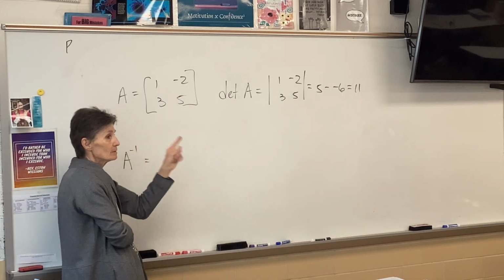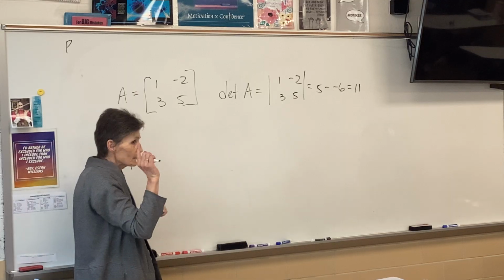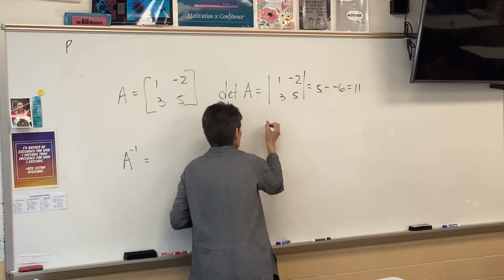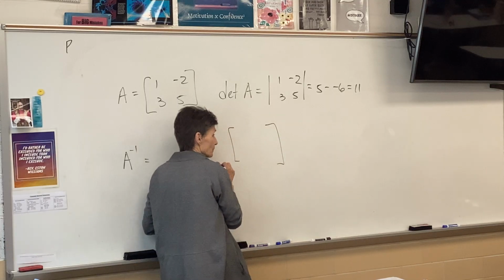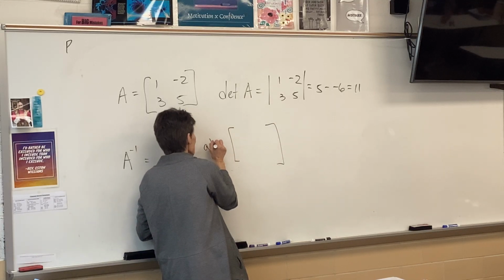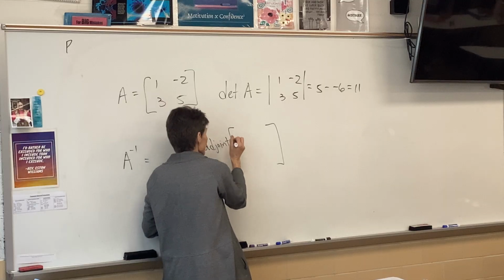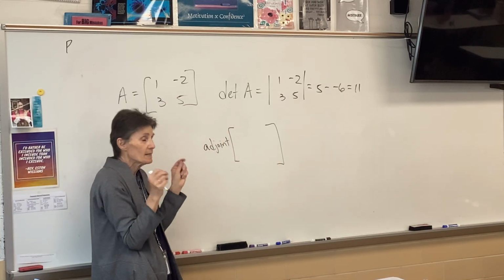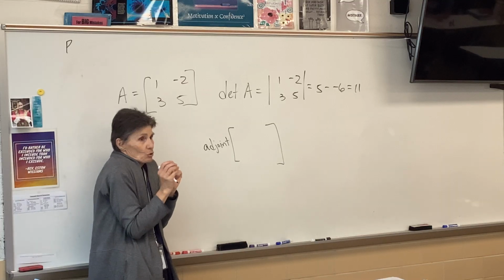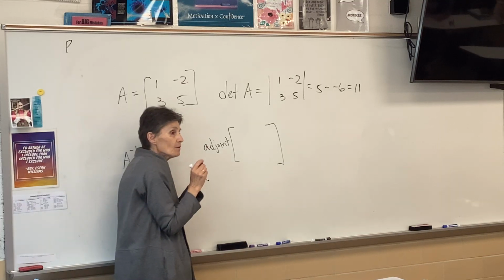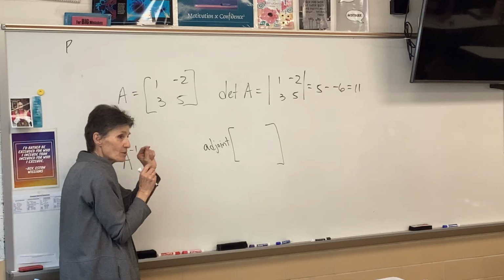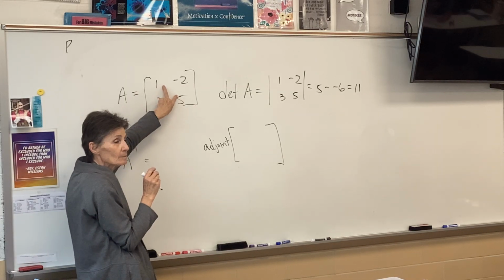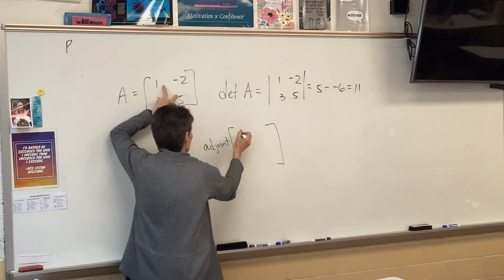All right, so step 1, determinant. Now, step 2, we're gonna build a new matrix. The name of it is called the adjoint. I'm never gonna ask you that, but just in case you want to know what it's called. To build the adjoint of a 2 by 2, you take these two numbers, look where I'm pointing, and you switch them.